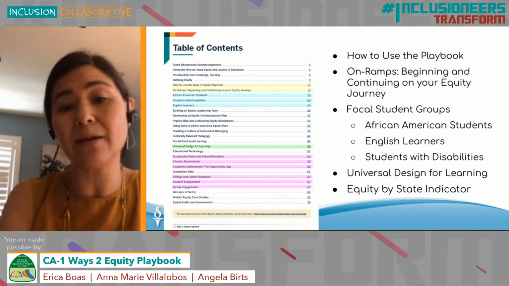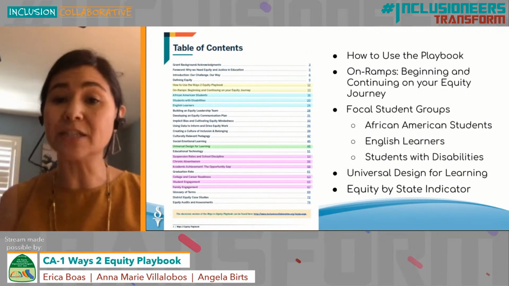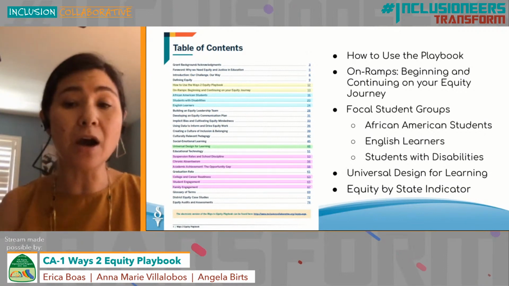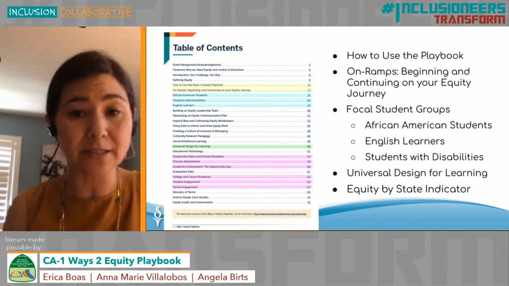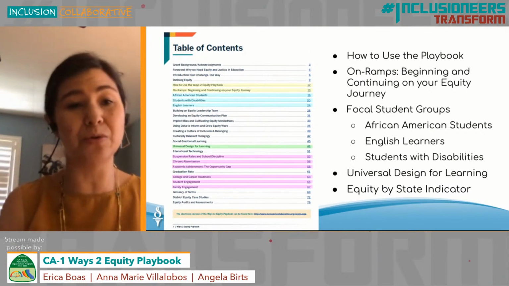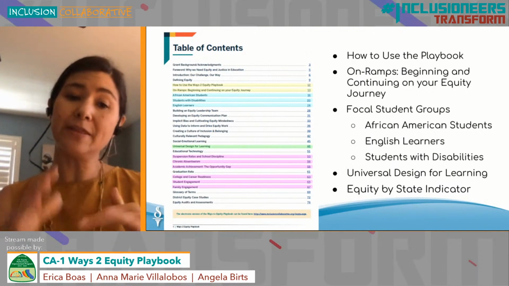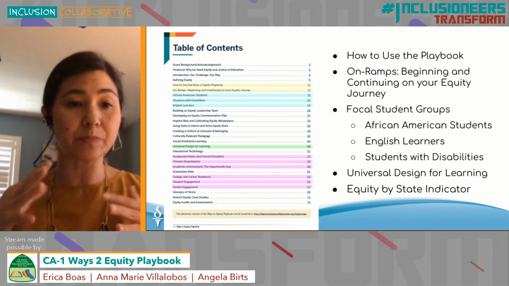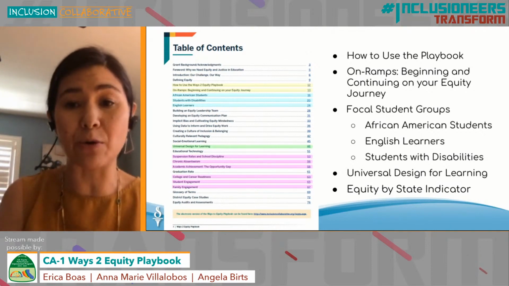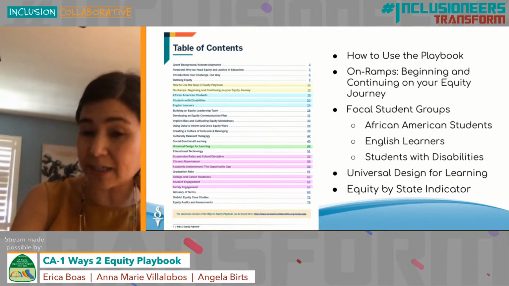First, we provide guidance on how to use the playbook. The on-ramps I'll be going into on the next slides are how to begin and continue on your equity journey. The center part is really centered on our focal student groups: African American students, English learners, and students with disabilities.